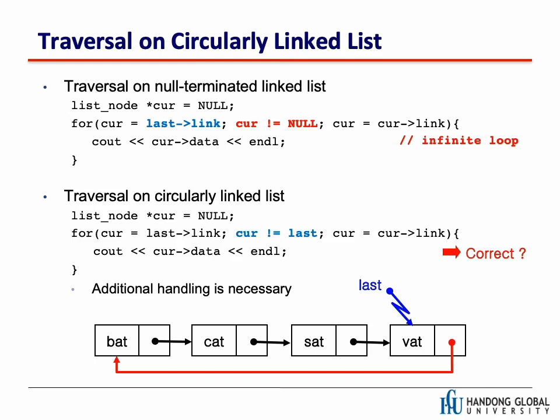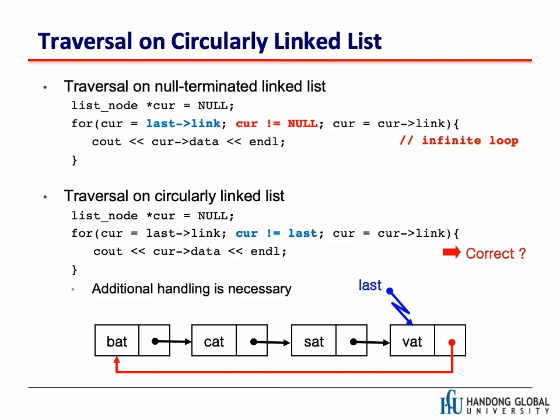At the bottom of this slide, we have a bat, which is the kind of first node. We print out the bat, and we move to the next node by assigning car link to car. We iterate this loop as long as car is not null.